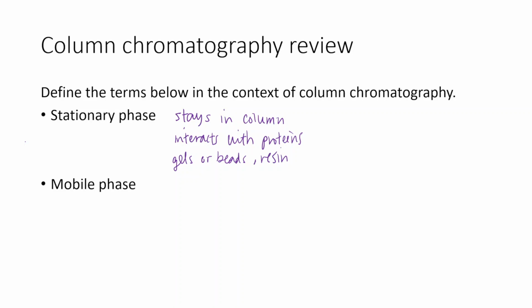So if you know what the stationary phase is, what is the mobile phase? Exactly, yeah. So your mobile phase is a solution that contains your protein of interest, the POI, and other contaminants.